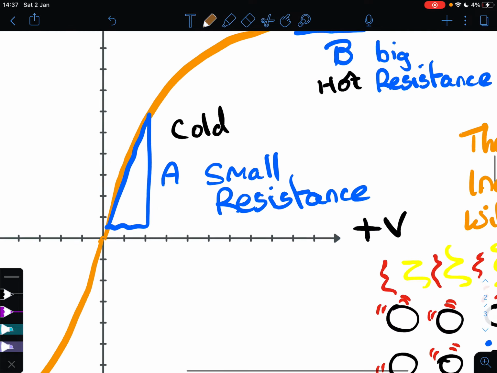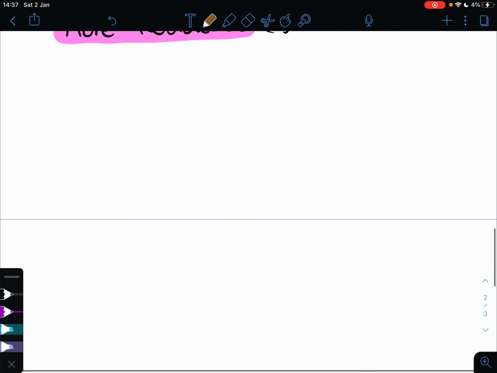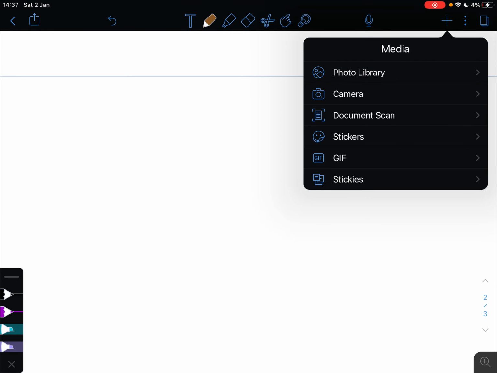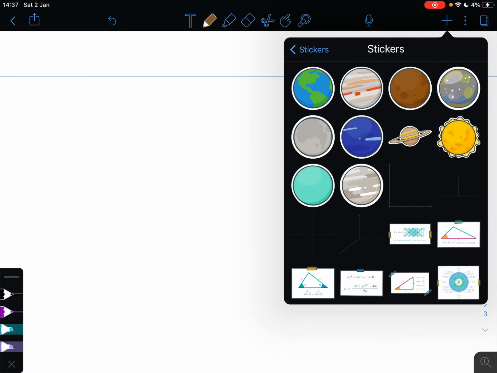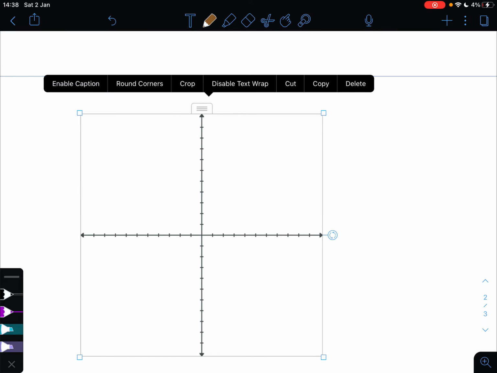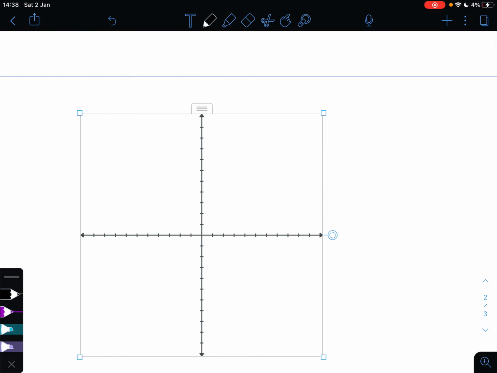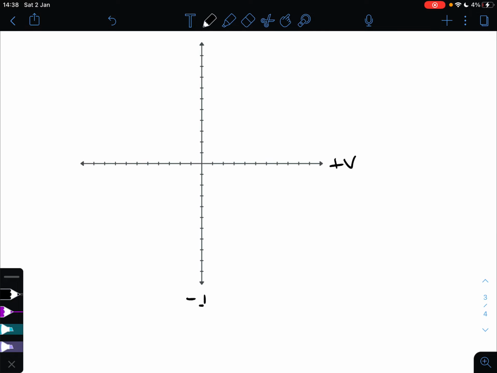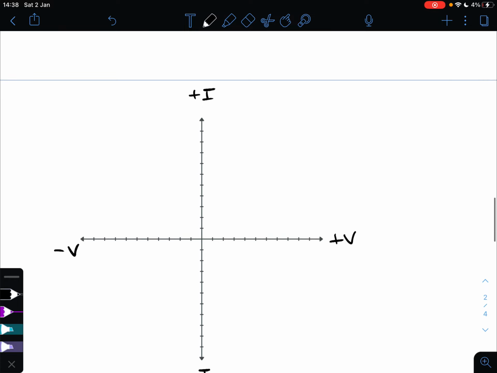So if we now go back to our graph, let's have a look at what that would look like as an IV graph. So we'll go back to our stickers, pick our graph, make it a bit bigger. Let's have a look. So we'll label it up. Plus current, plus voltage, minus current, minus voltage. Okay, remember this plus plus means I can go one way round, tick.